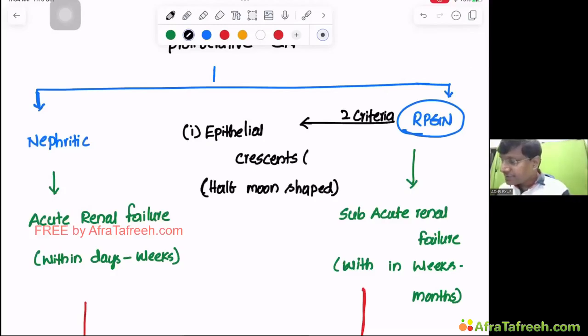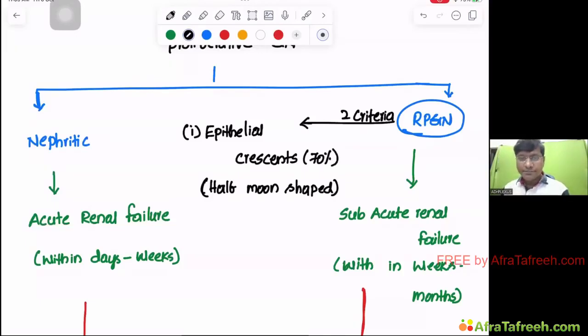These epithelial crescents are present in almost 70% of the glomeruli. And what are these cells?